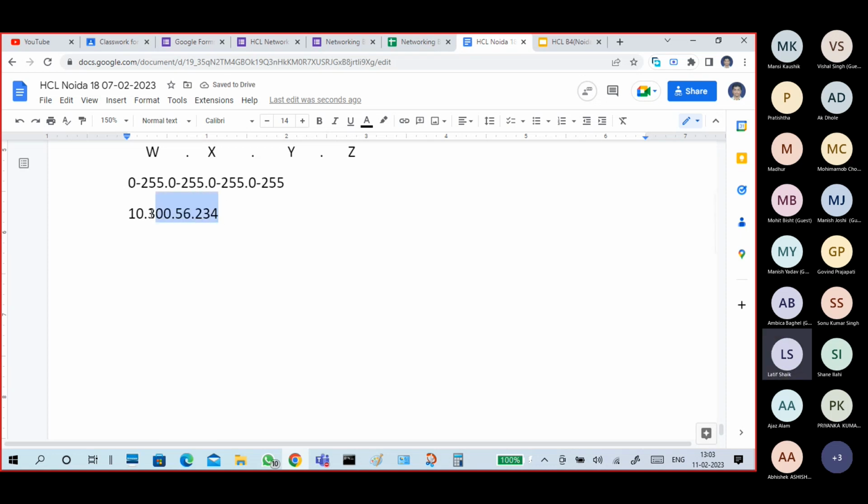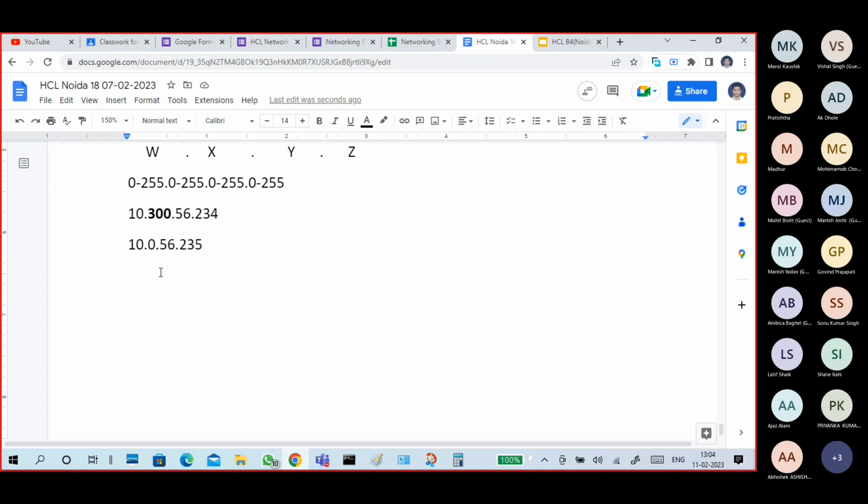It is a wrong IP address. Wrong IP address. 10.30.56.235, correct IP address. 0 is also acceptable. But more than 255, it is a wrong IP address.